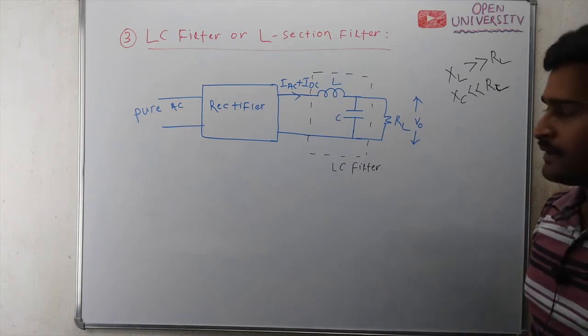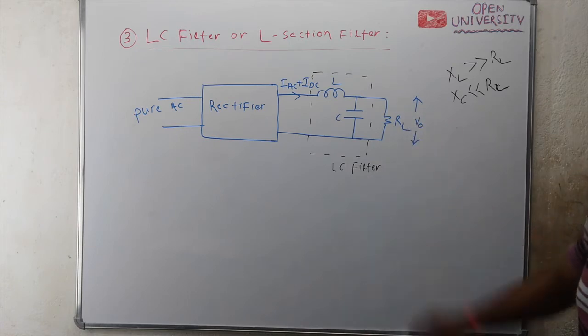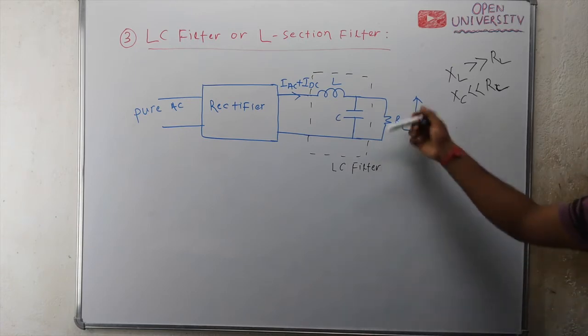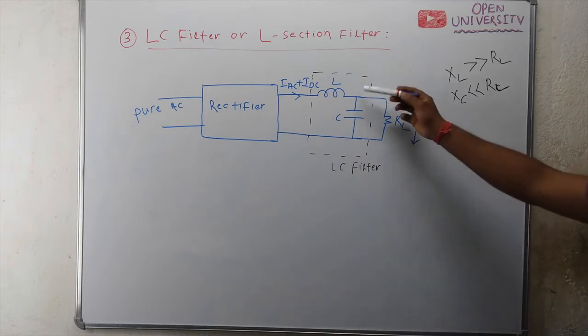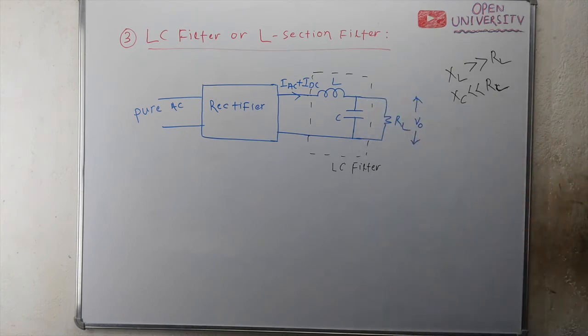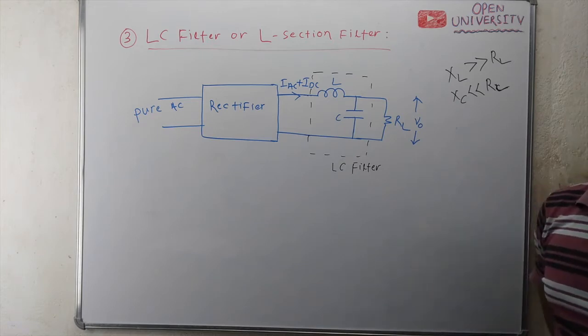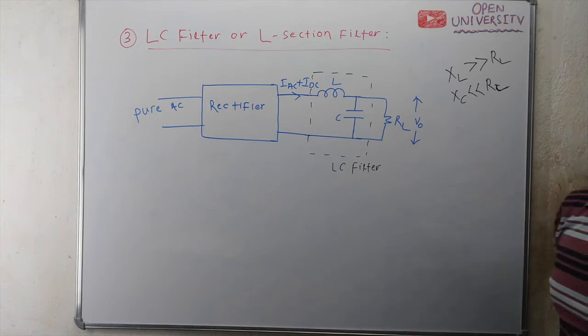Next, this reduced or remaining AC component will flow almost through the capacitor, because the capacitor offers low reactance to AC components.